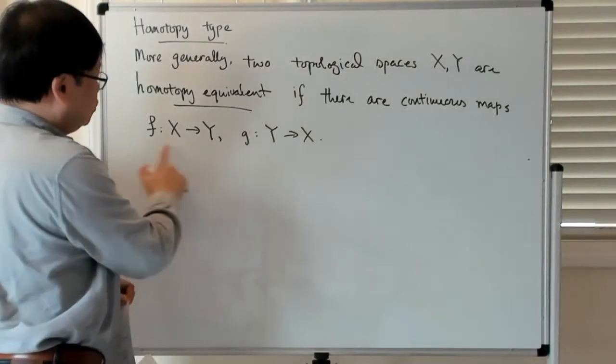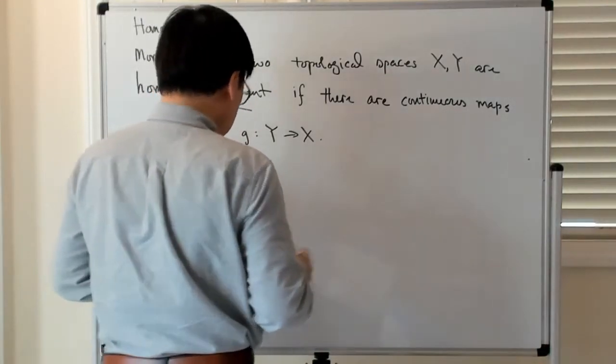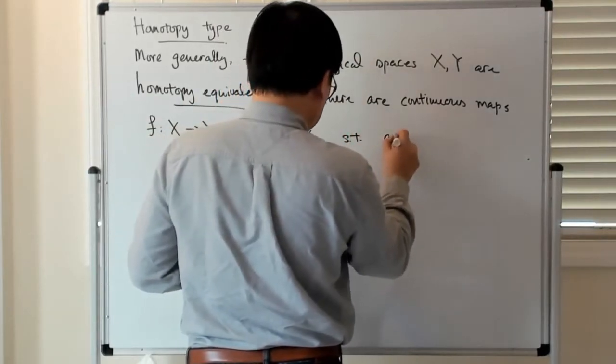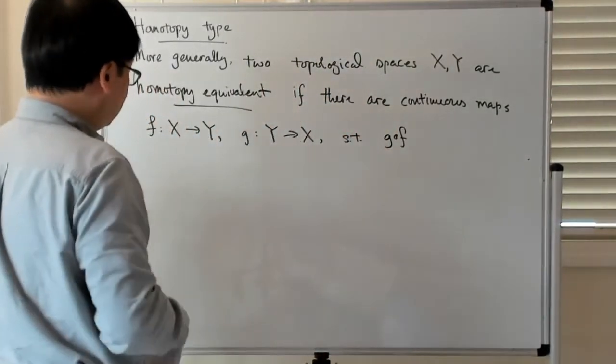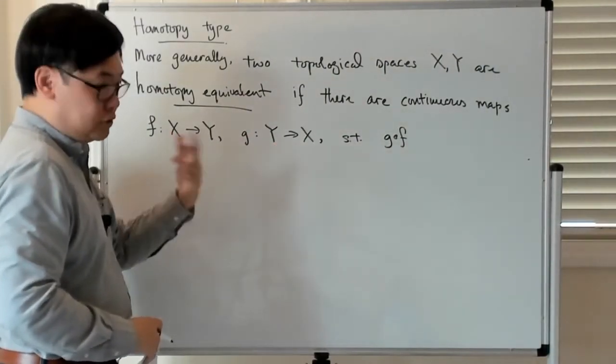You can look at two possible compositions of F and G. If you take G composed with F, that is a map from X to Y and then Y to X, so it's a map from X to itself.